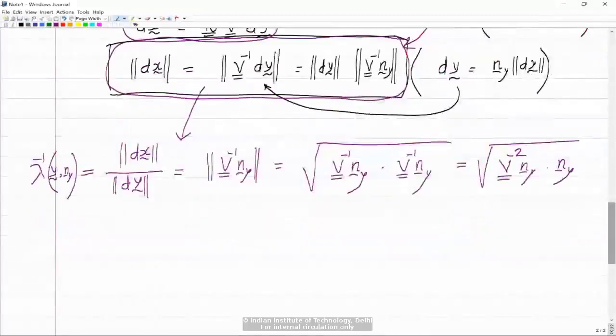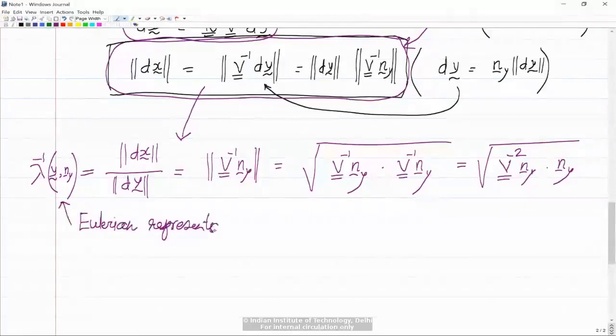So this formula is now in terms of a line element located in the deformed configuration at the point y and directed along ny. So ny is the direction of the deformed line element. So can we not say this to be Eulerian representation, right? So this is like the Eulerian representation. Because the arguments are all sitting in the deformed configuration.